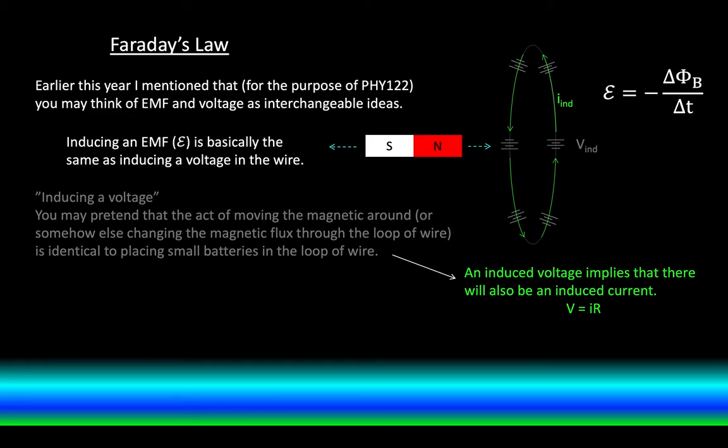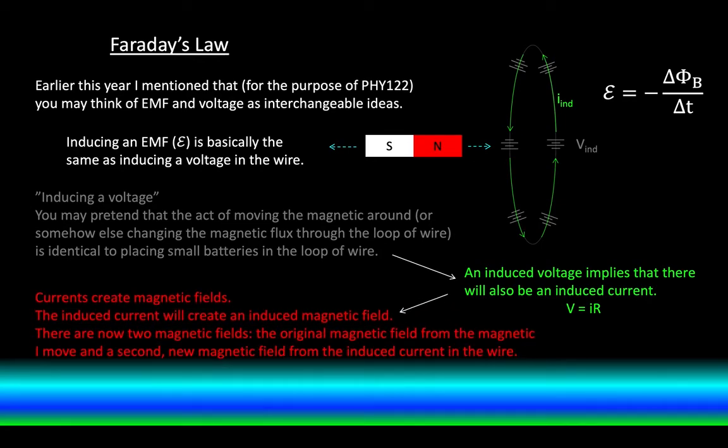And we learned in the previous chapter on magnetism that moving charges create magnetic fields. So if I have current flowing through this wire, this wire will create its own magnetic field. So now I have two magnetic fields. I have the original magnetic field that was responsible for the changing magnetic flux.